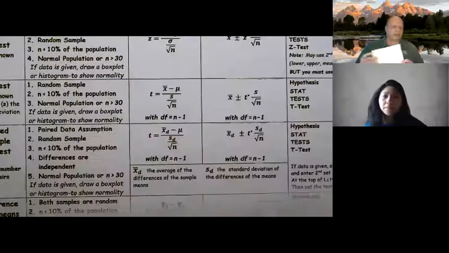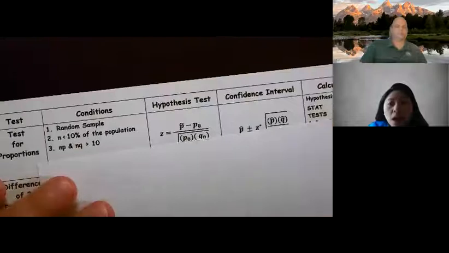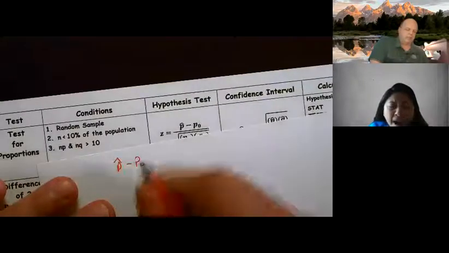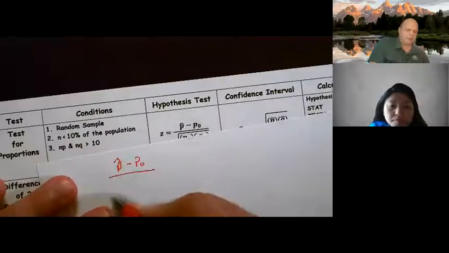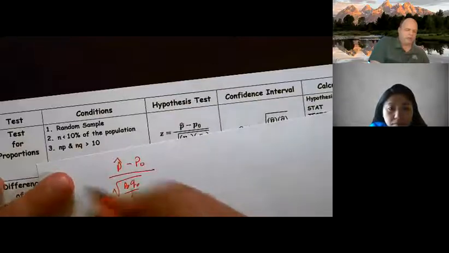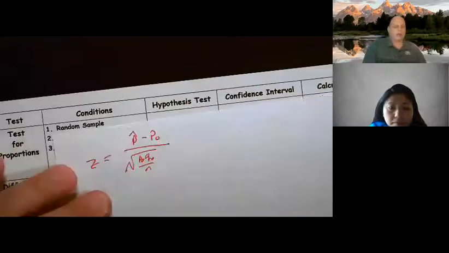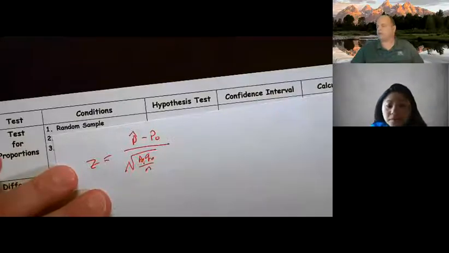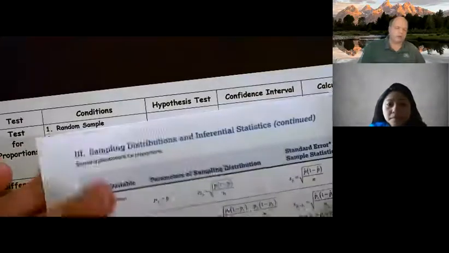With proportions, they're always z. And the hard part about a proportion, quite frankly, is just knowing the denominator part, because the denominator part is different than what we worked with before.